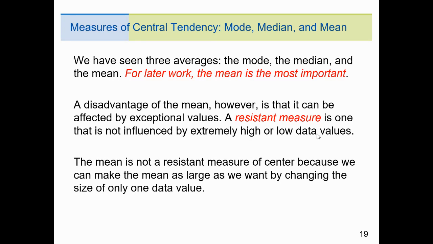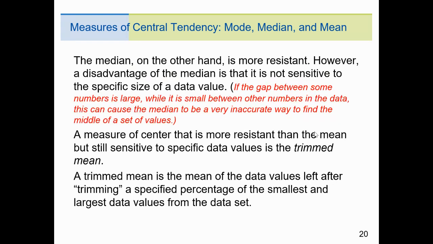Well, obviously it's going to jack the average up because she makes a lot more money than the rest of us. So it's not resistant to large values. A resistant measure is one that's not influenced by extremely high or low values. The mean is not resistant because a large number or an extremely small number can throw the average way off.